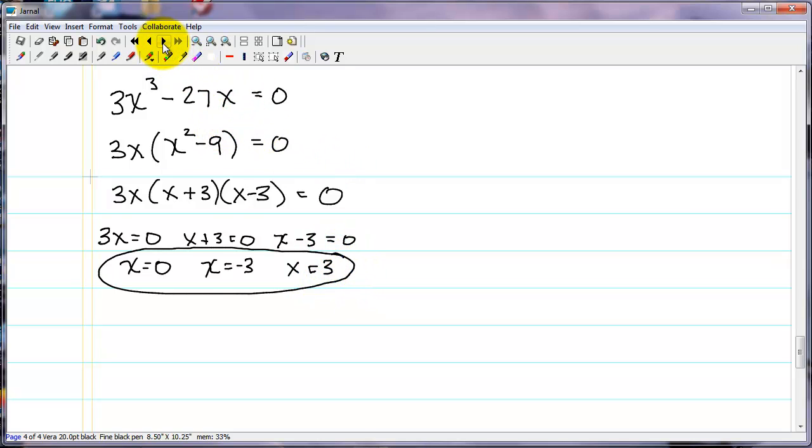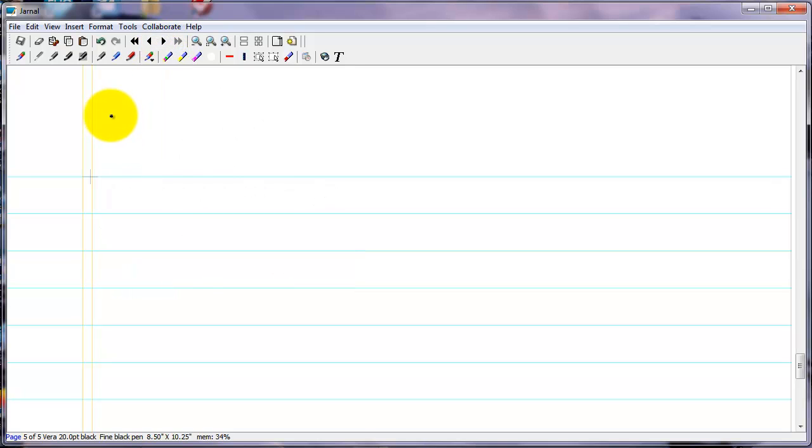Our last problem here has a little bit of a trick to it. It's to make sure you understand our process here. So we have an equation. Now I'm going to, just as a warning, do this incorrectly here, but let's talk about why it's incorrect.